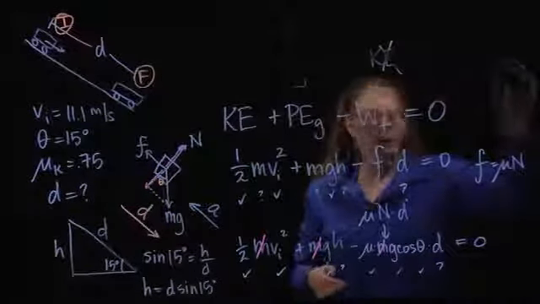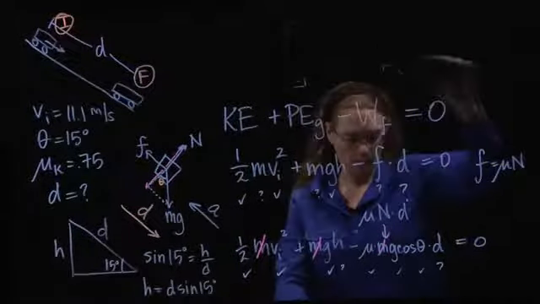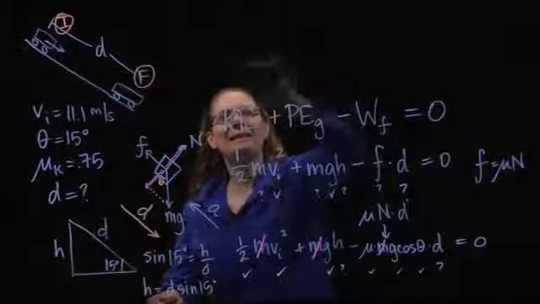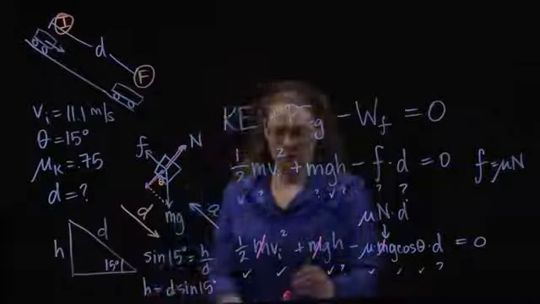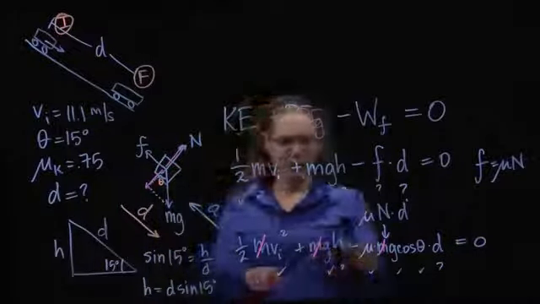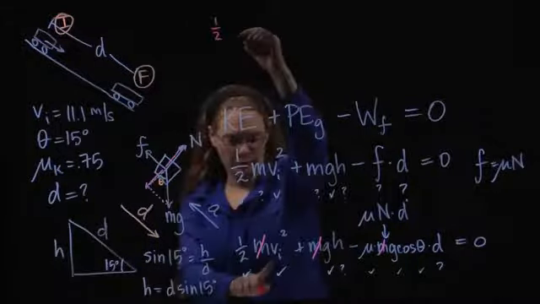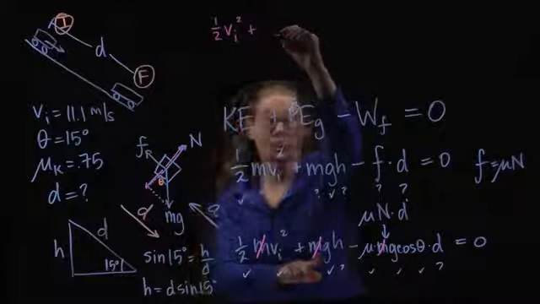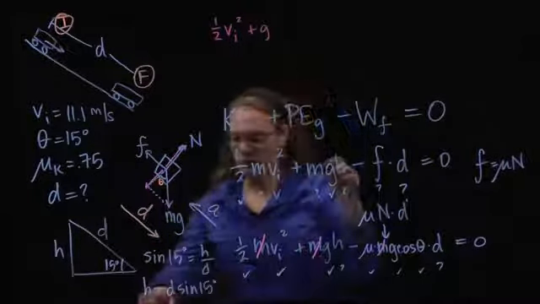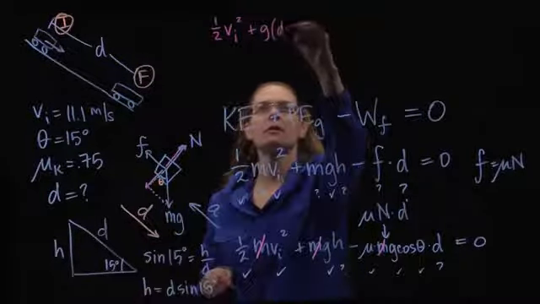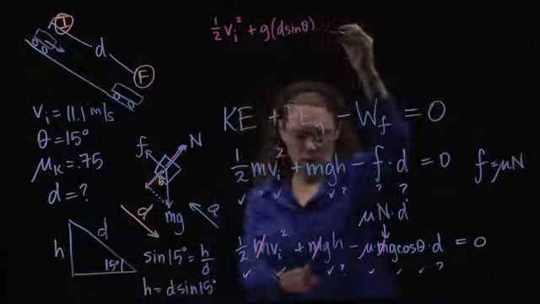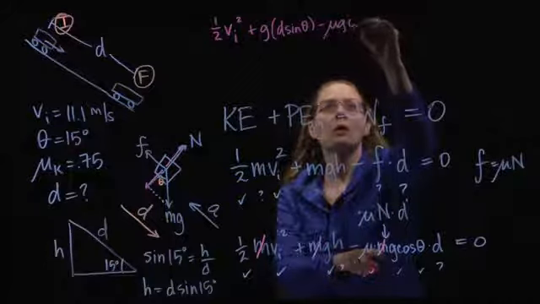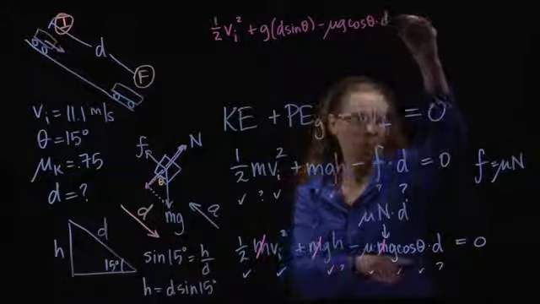So I'm going to rewrite that bottom equation now with the h replaced by d sine theta. I'm going to switch to a different color. So I've got 1/2 initial velocity squared plus g, and now I'm replacing h with d sine theta, minus mu g cosine theta times d equals 0.